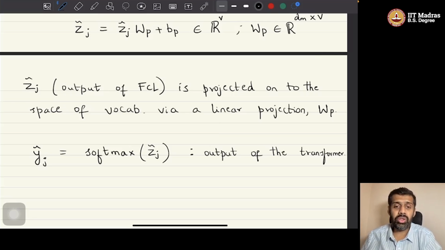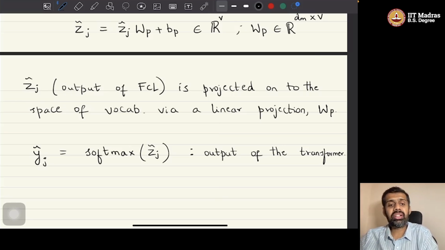This is the final output of the transformer, which will give us a distribution over all possible tokens at each position.